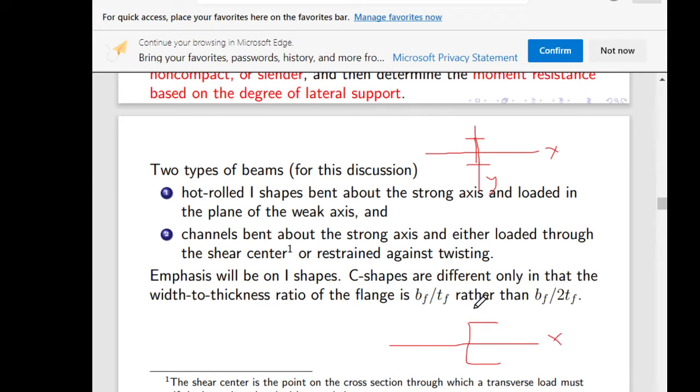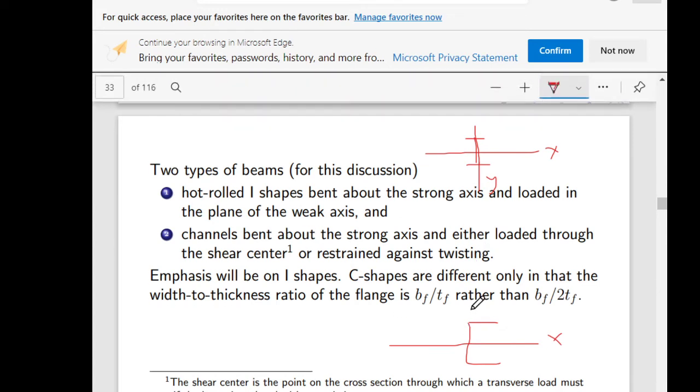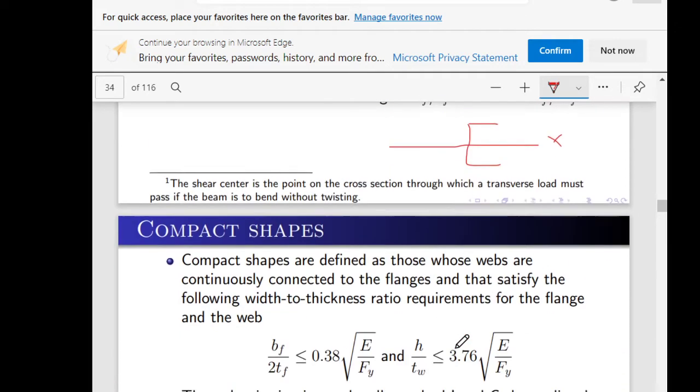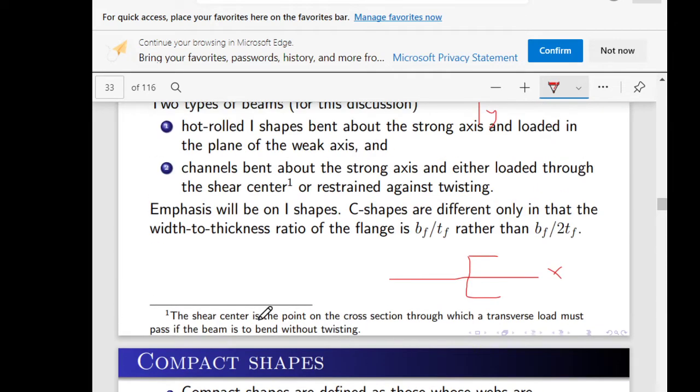So the shear center, this is for a beam, meaning the load is vertical. Note the shear center is the point on the cross section through which a transverse load must pass if the beam is to bend without twisting.